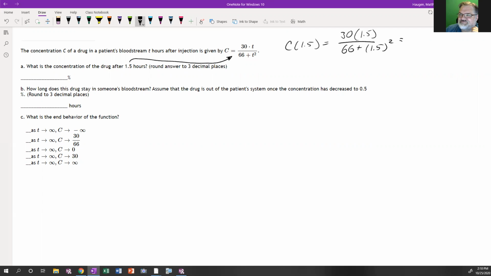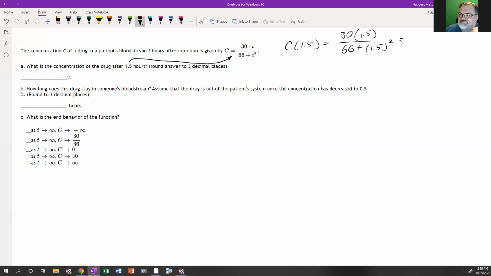That value is going to be the concentration after an hour and a half, should be something positive, some nice positive value. So that shouldn't be a problem.